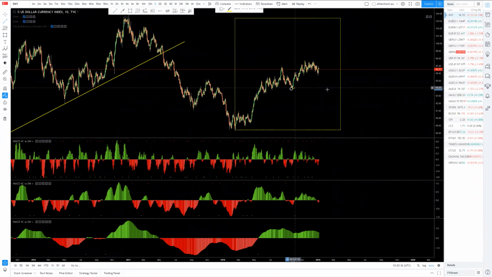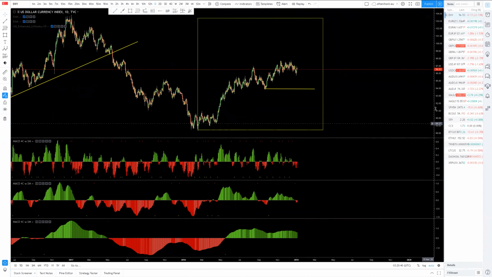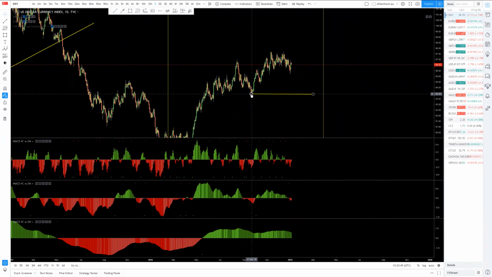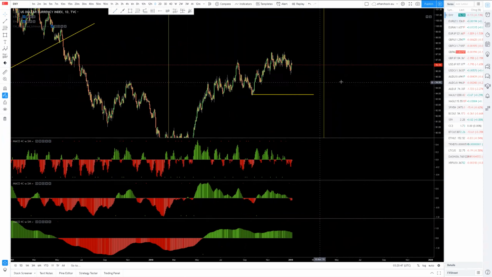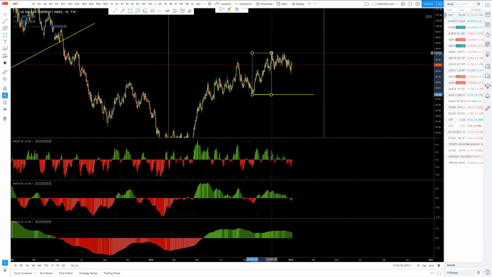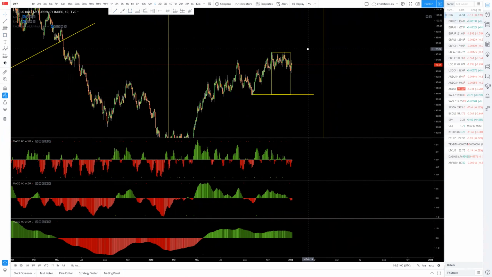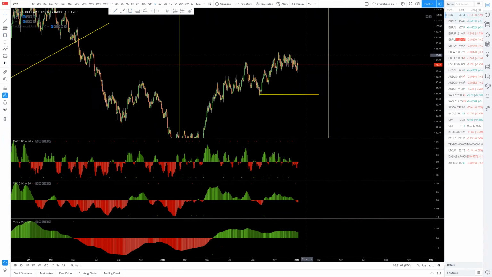So this is where power started. Time-wise, let's see how much time it took to go up. One more down, very possible on the DAX.